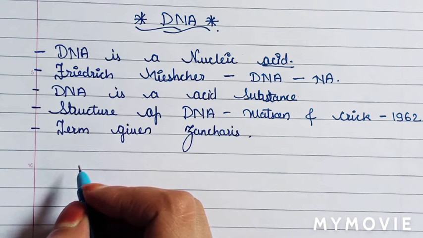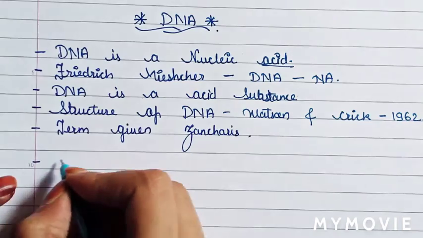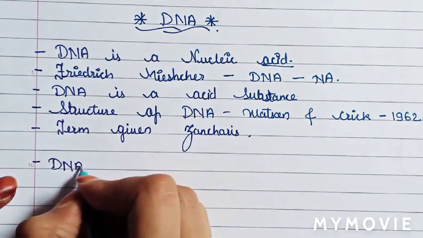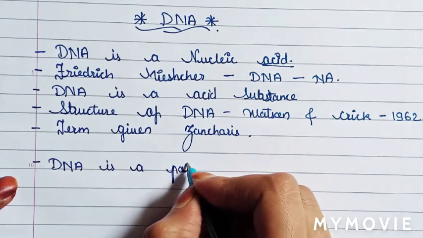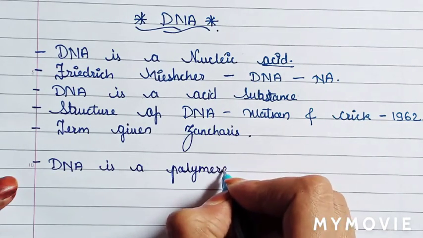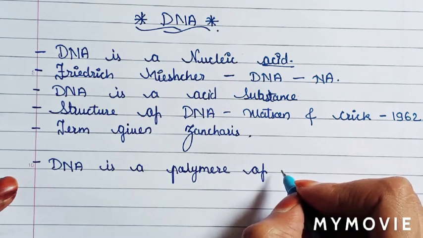Now, we are going to see about the DNA. DNA is a polymer of nucleotide, meaning many monomers join to form a polynucleotide chain. So we will write here DNA is a polymer of nucleotide. But which nucleotide? Deoxyribonucleotide.